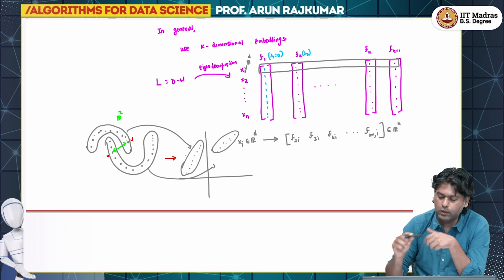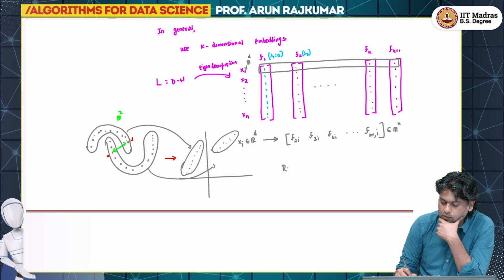And so, what I can do is, I can run k-means on the k-dimensional embeddings.